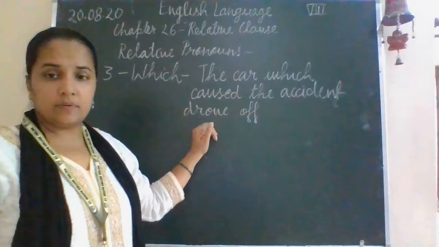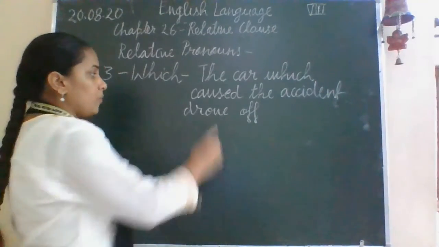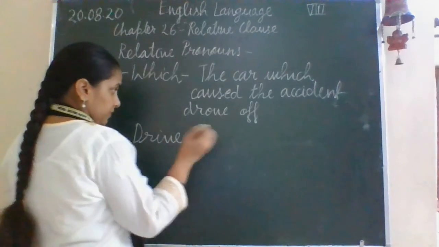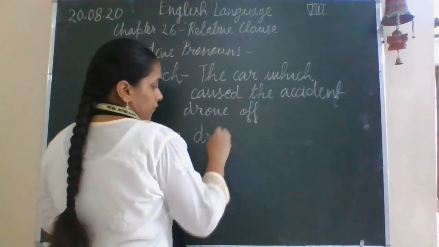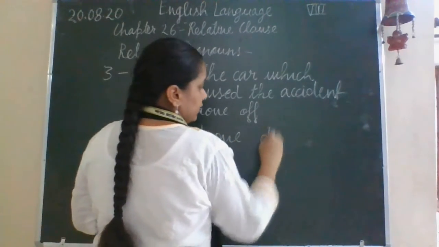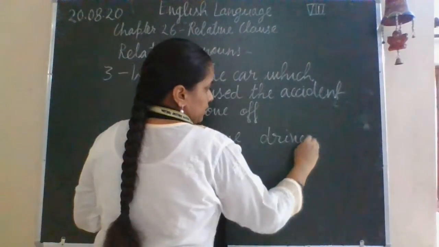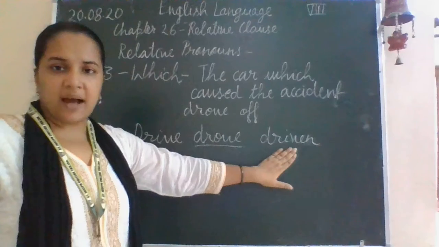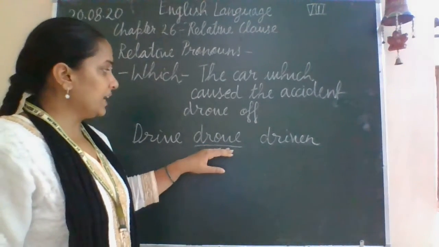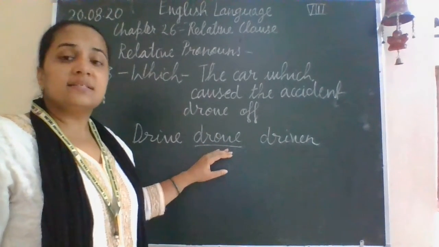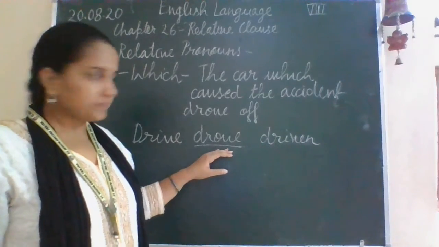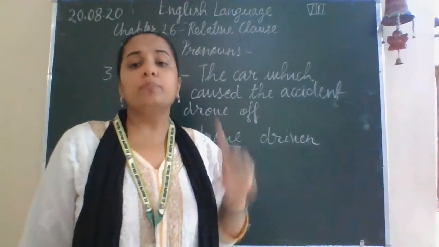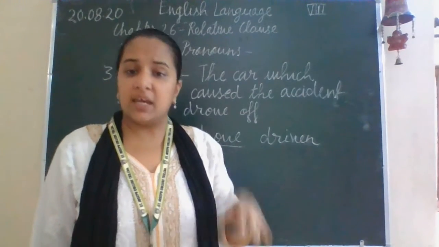What is drove? It is the past form of drive. Drive, drove, driven. So this is the past form and this is the past participle form, or we can say the drove is the second form. So which and that both are used for the things.